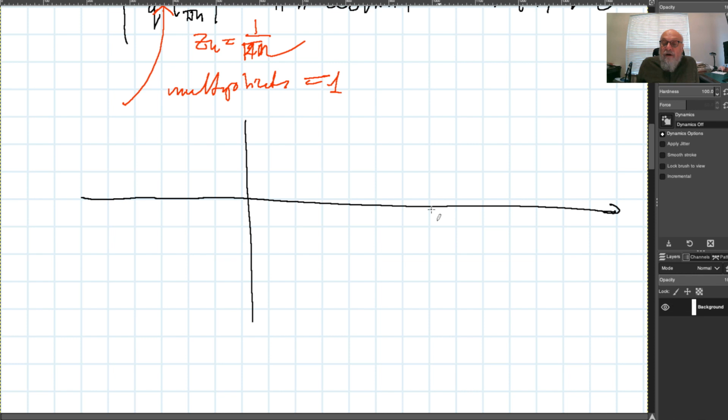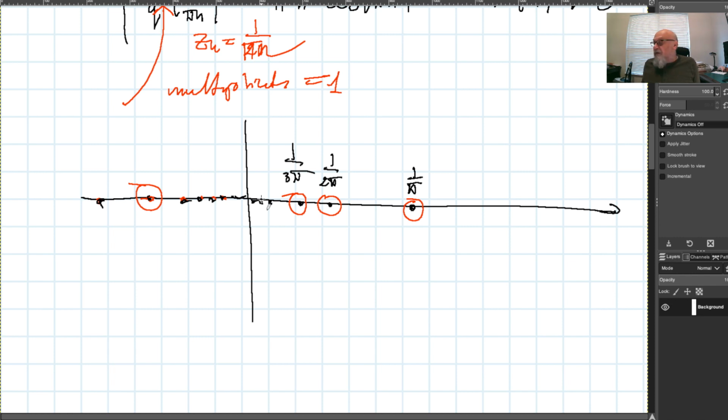Here, for example, take 1 over pi, then we have 1 over 2 pi, and this is 1 over 3 pi, etc., infinitely many, but each of them is separated, you see, no other singular points around it. On the other side it is exactly the same. So they go on, infinitely many of those. Each of them is separate.